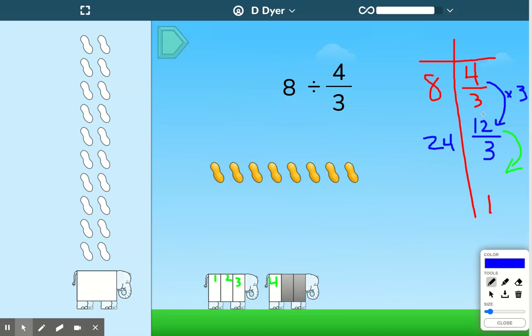Do I see 24? They have 6. Where is this 24?